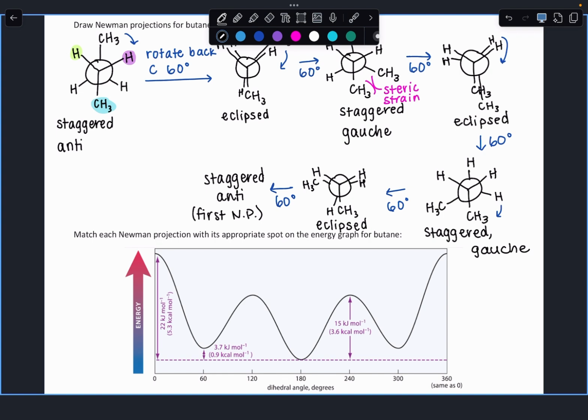So tell me, what's our lowest energy one? It'll be lowest energy on the plot. Which Newman projection is our lowest energy? Is it the staggered anti? Staggered anti, yeah, because we have the large groups opposite each other, they have the most amount of space. So I'll just write staggered anti for this location here.